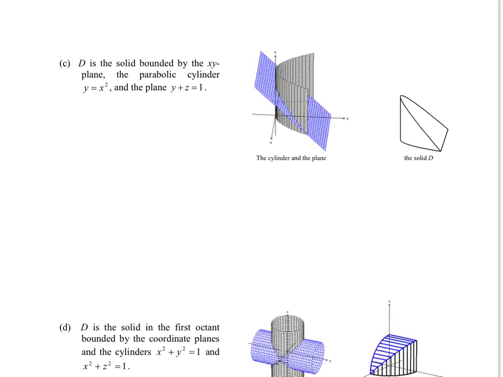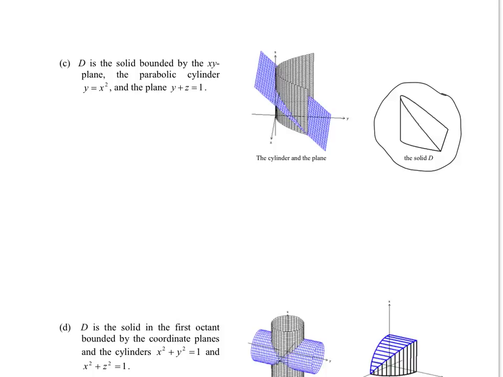we have this solid right here, and it is the solid formed or bounded by the xy plane below, so bounded below by the xy plane, bounded kind of on the left by the parabolic cylinder y equals x squared.